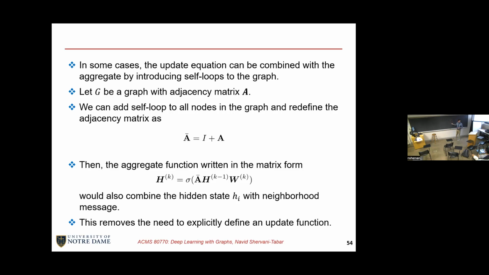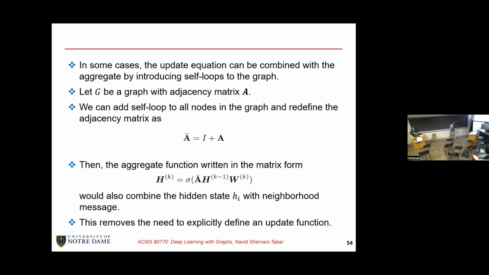Now, if I want to apply that function in the matrix form, and my adjacency matrix does include the self loops, then when we multiply that with our hidden embedding, with our hidden activations, we will also gather information from the node's previous state as well, right?